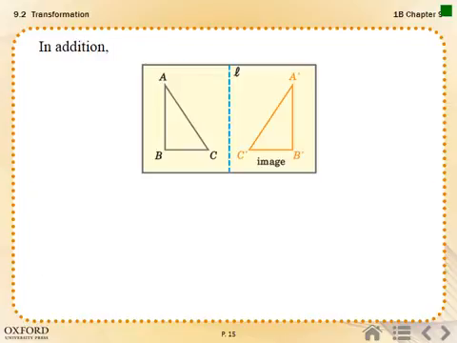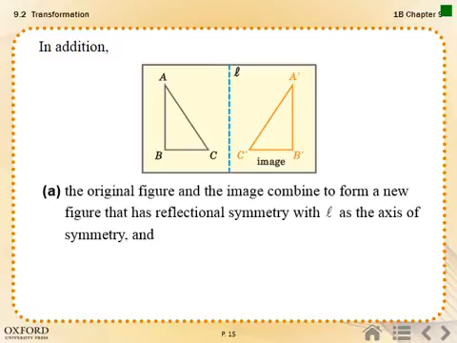Moreover, in the previous session, we have already come across the concept of reflectional symmetry, and we have to note that the original figure and the image combine to form a new figure that has reflectional symmetry with L as the axis of symmetry.